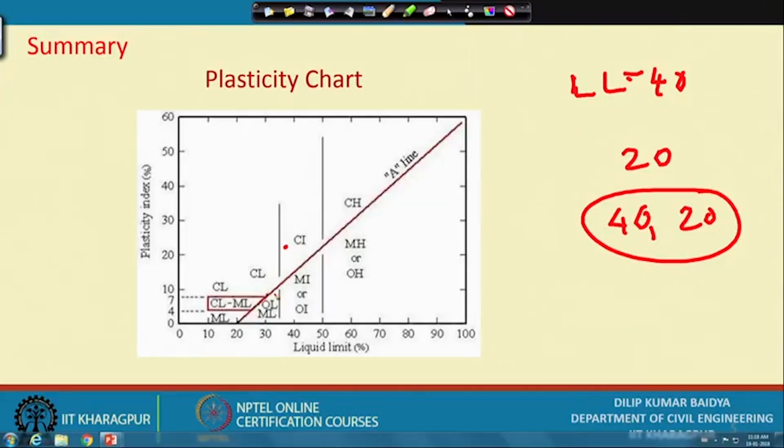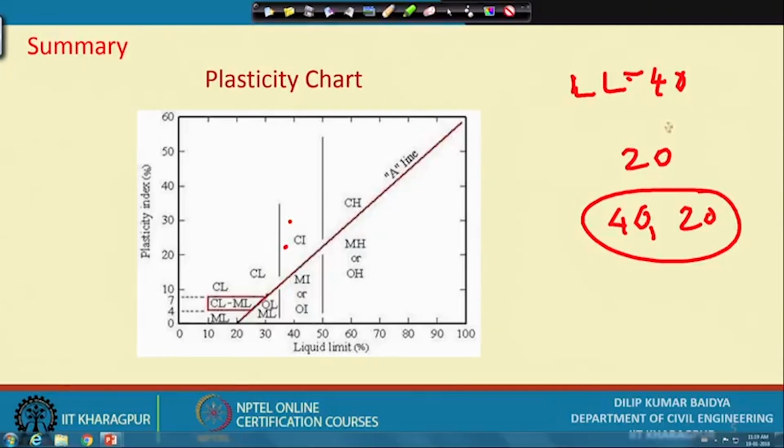You can see there are three different zones. This is one zone, this is another. Liquid limit up to 35, 35 to 50 and 50 to 100. So, these three zones are there, and again there is a line, the A-line. If above the A-line, soil will be treated as high plasticity, and if below the line, this is low plasticity.